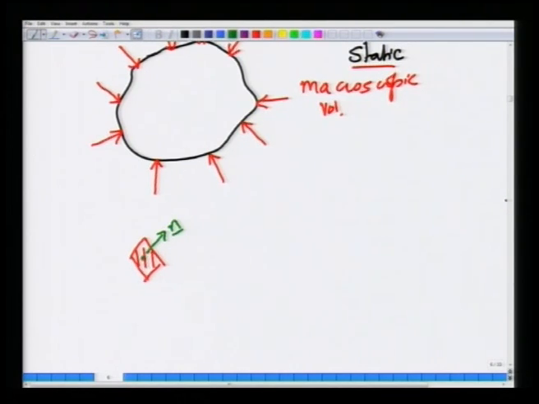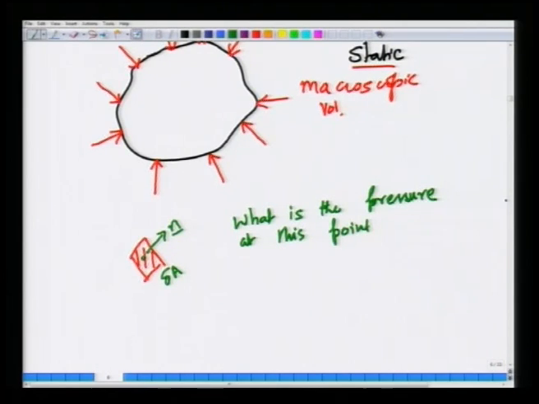Now, what is the nature? This is really a point, and about this point I construct a tiny area delta A, and I ask the question, what is the pressure measured at this point? I can do this thought experiment.